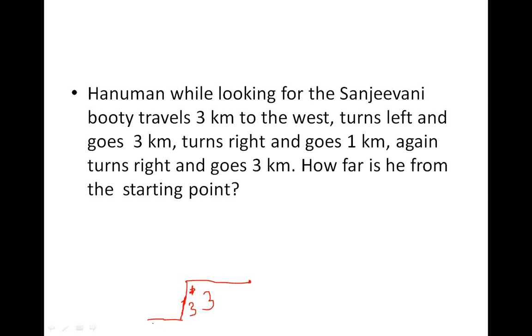Again turns right and goes 3 kilometers. So this would be again 3 kilometers. So this is 1, this is 3, this is 3, this is 3, right? And this is 1. So it would be 4 kilometers.